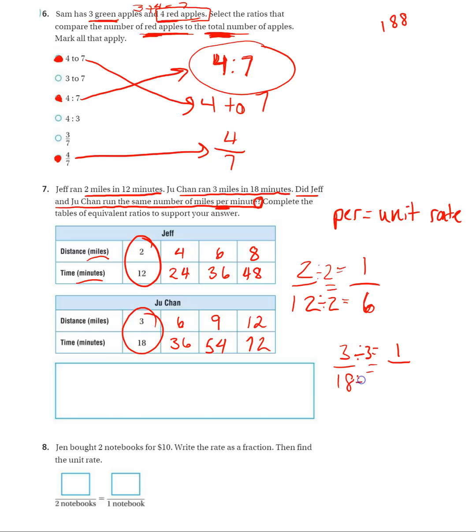And then once I know that, I know what to divide the bottom by. And 3 goes into 18 6 times. So every mile Ju Chan runs, he's running it in 6 minutes as well. So look, they are both running each mile in 6 minutes. So did Jeff and Ju Chan run the same number of miles per minute? Yes, they actually did. Every mile they ran took them 6 minutes.